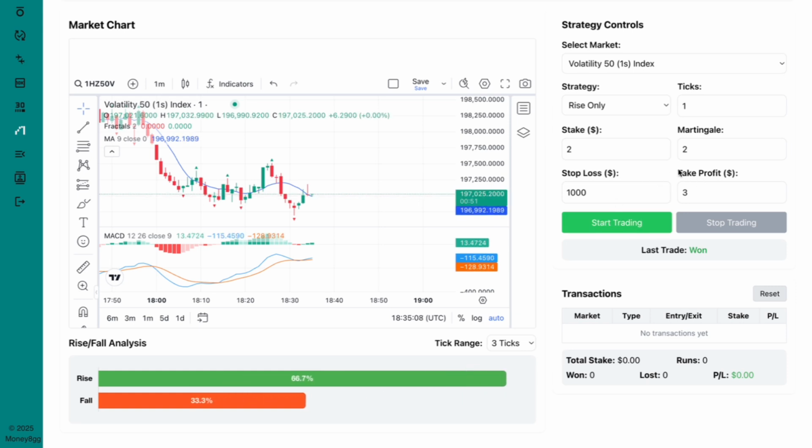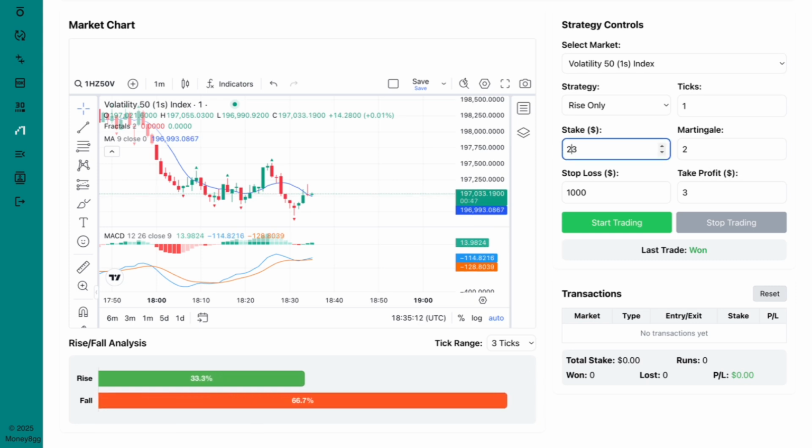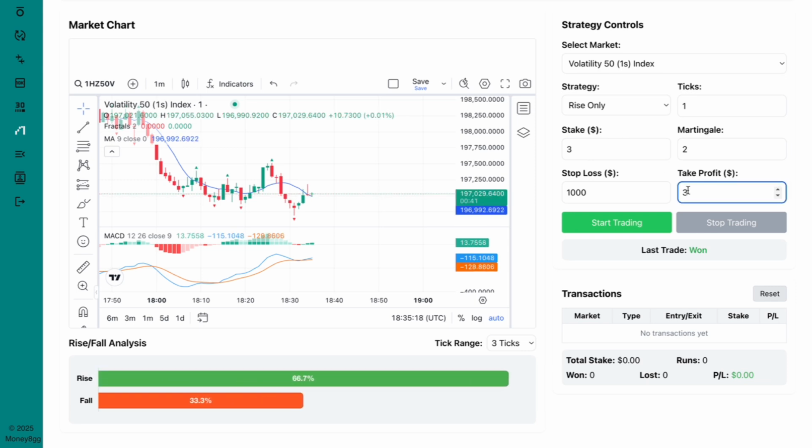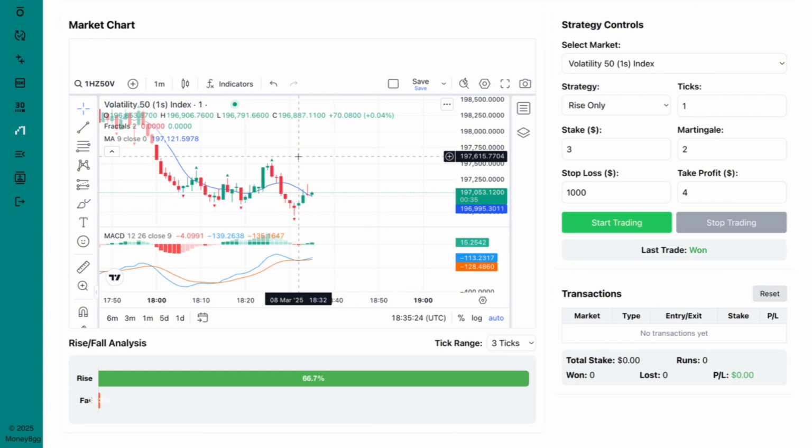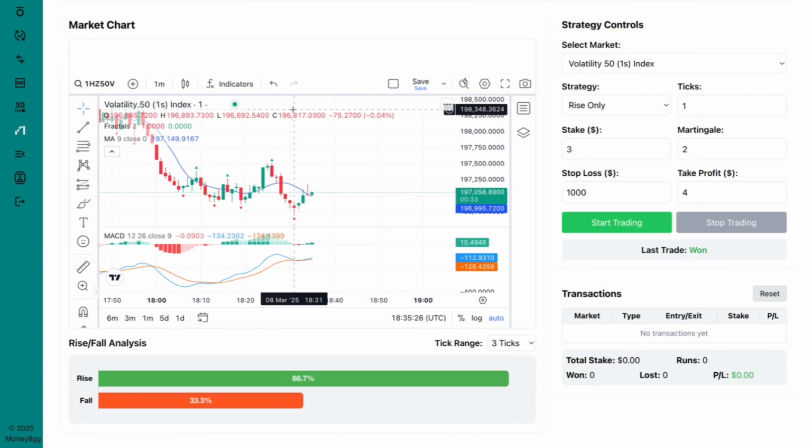So I usually mainly rely on my take profit, and I think I'm gonna put 3 as a stake here, and then put 4. Yeah, so I just gradually increase my stake, don't like bump it once.